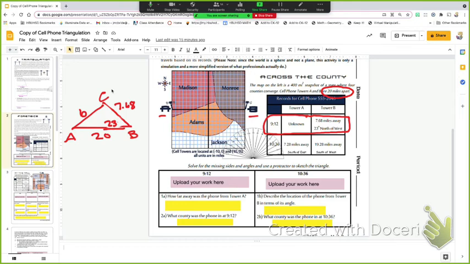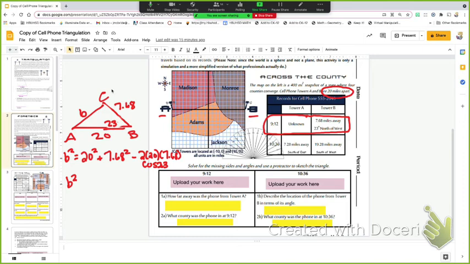So I'm going to do that. I'm going to say b squared equals 20 squared plus 7.68 squared minus 2 times 20 times 7.68 times the cosine of 23 degrees. And this is the nice one. You're trying to find little b, so you can type that in exactly as you have it written on your paper.